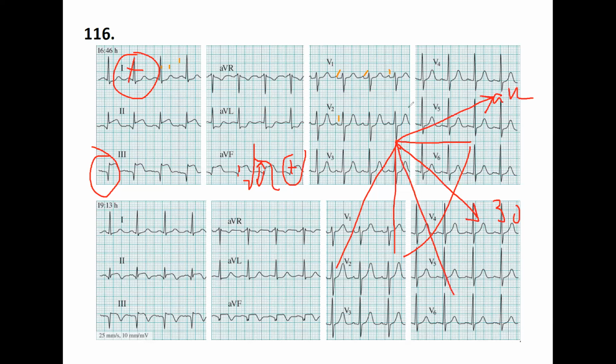AVL is positive, so you are somewhere here, yes? Lead number 3, I would say, is equiphasic. If lead number 3 is equiphasic, you are exactly at 30. Okay? Is it cool? All right.